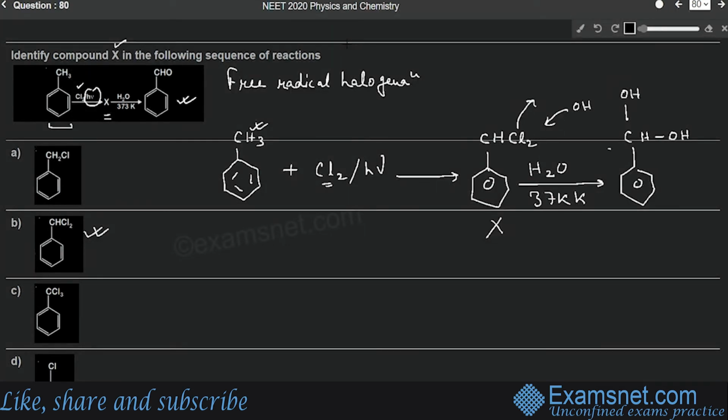Okay, and then dehydration will take place. That means water will be removed, that means 2 hydrogens and 1 oxygen will be removed. What will be left here? CHO will be left. Therefore an aldehyde is formed as a final product. Okay, so I hope you understood this.